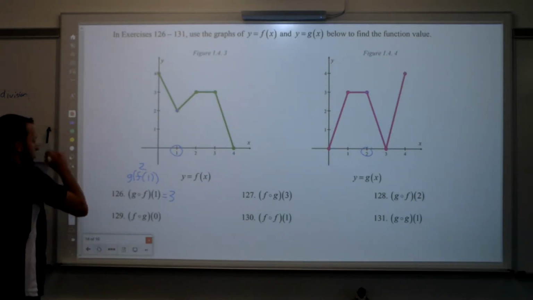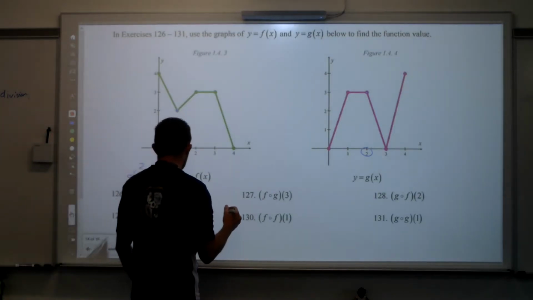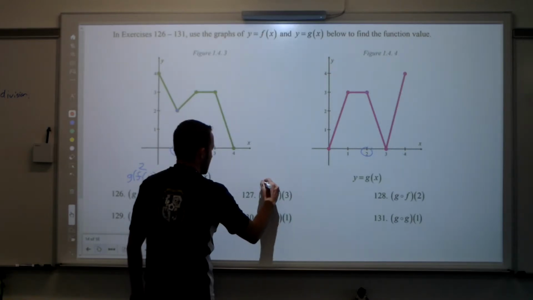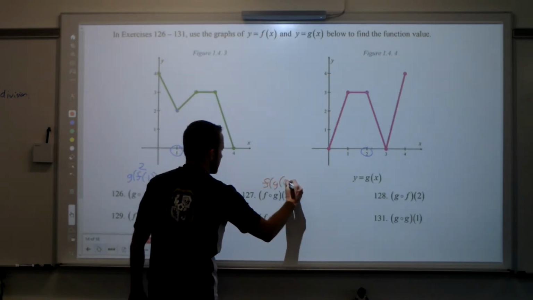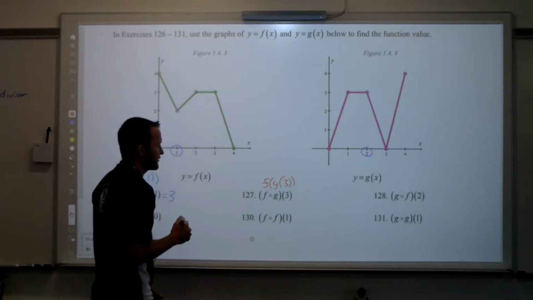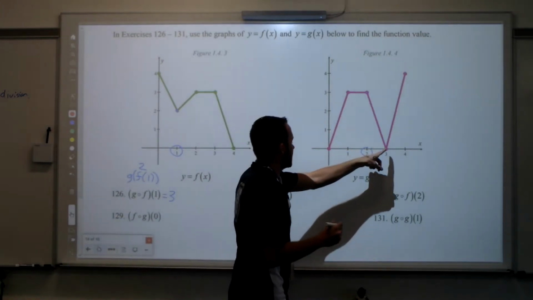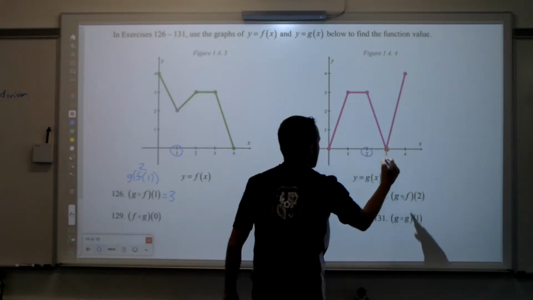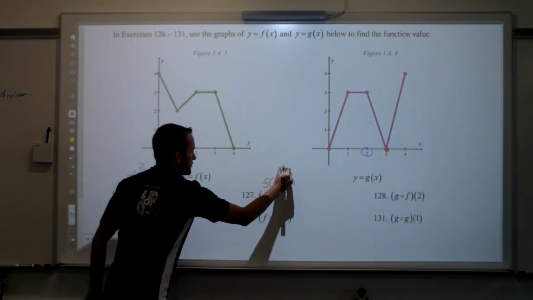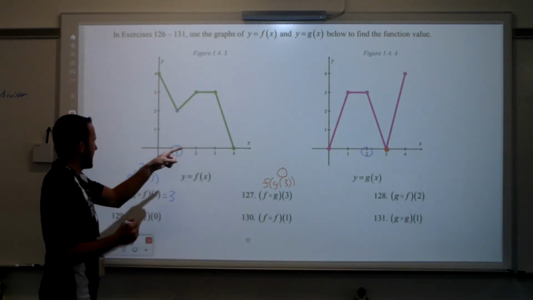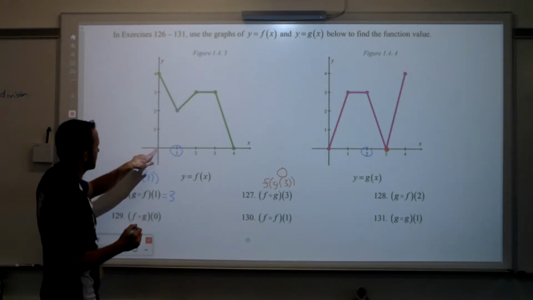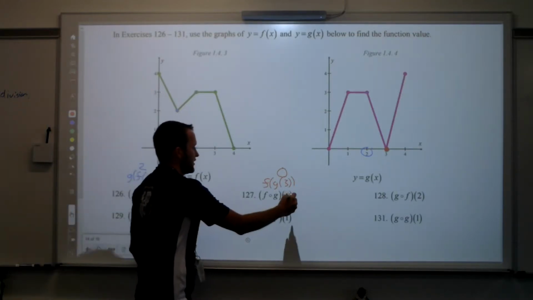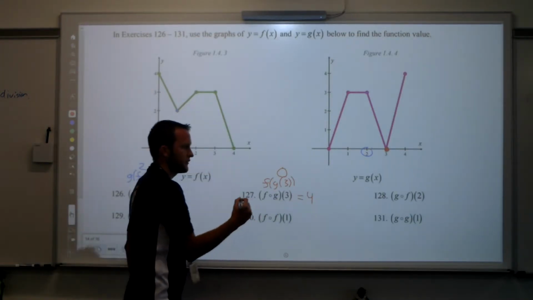All right, let's keep going. Now we're going to do f of g of 3. So I always rewrite it so I remember which one goes in first. We're going to g first. So when I go to g and I plug in 3, I get 0. So then I'm going to go to f at 0, and when I plug in 0, I get 4. So f of g of 3 is 4.